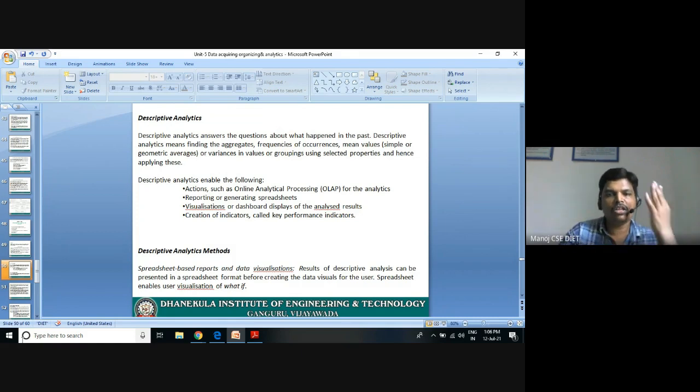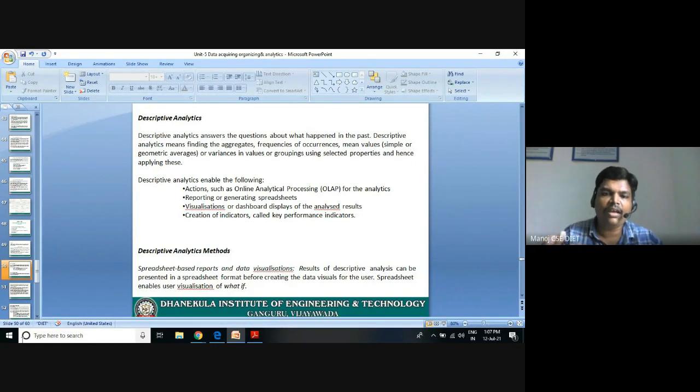So descriptive analytics enables us, by following these things: OLAP, reports, visualizations, and creation of indicators like KPI. So this is all regarding descriptive analytics.